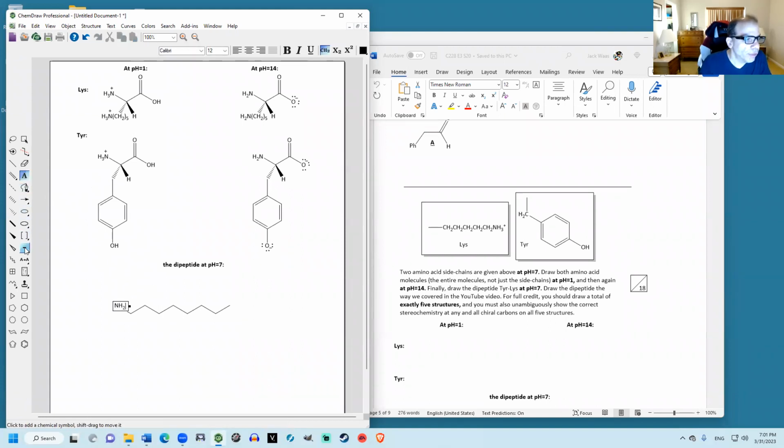We start by convention at the nitrogen terminal.